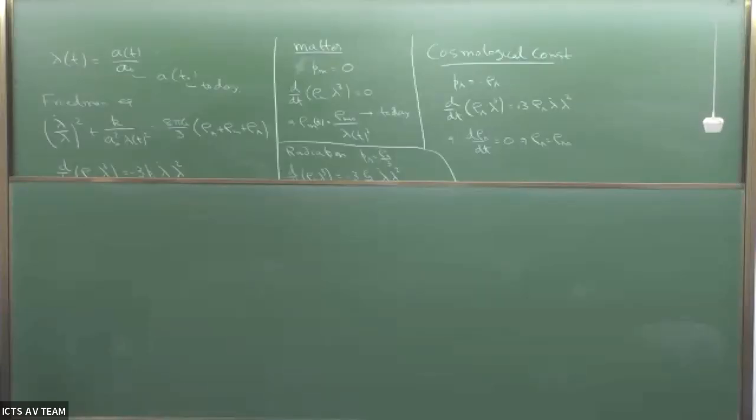Well, I can give a physical argument, but it will not satisfy you. A physical argument is that you are working against negative pressure because P is minus ρ. Because you are working against negative pressure in a given co-moving volume, the total energy is actually increasing, and that's what is compensating for this loss of energy density because of the expansion.